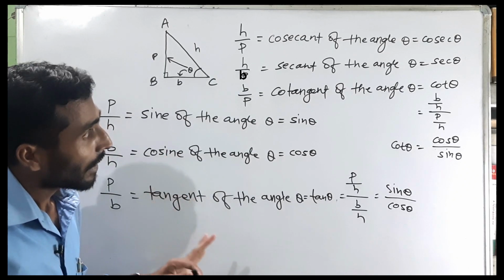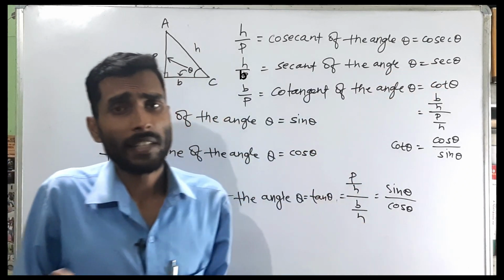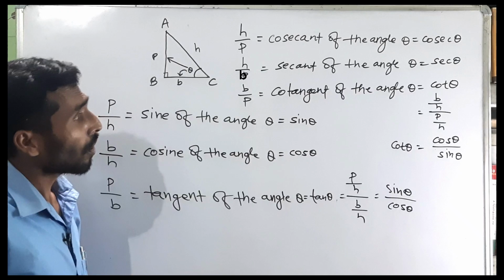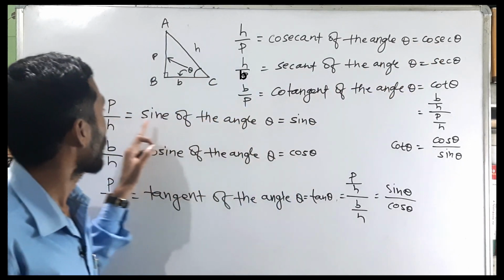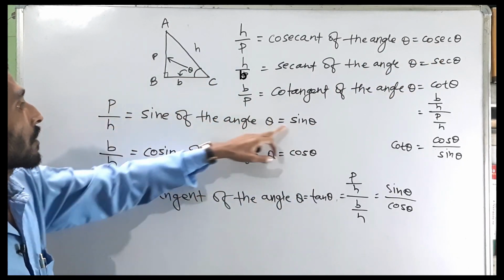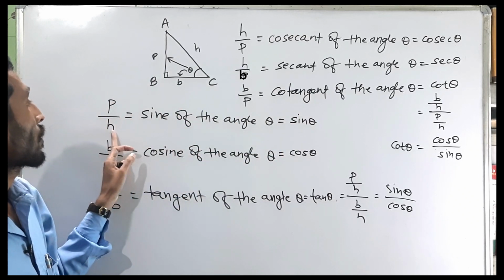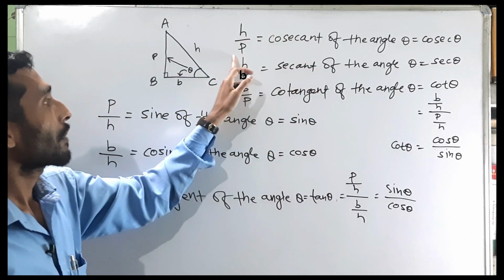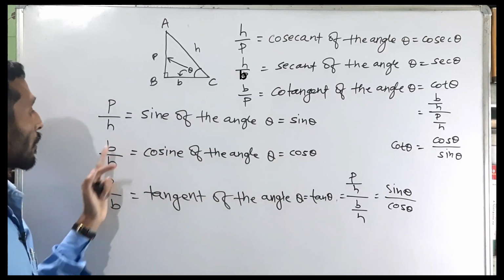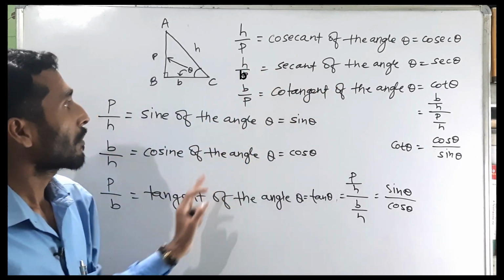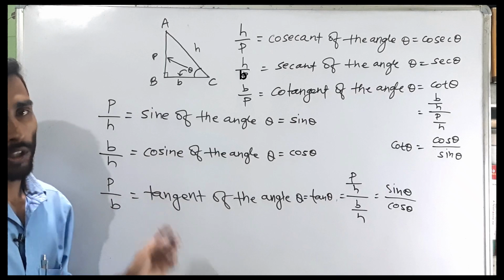Here cosec theta and sec theta are not basic trigonometric ratios. Why am I saying that? Because cosec theta is the reciprocal of sin theta. Sin theta is p by h and cosec theta is h by p. Cos theta is b by h and sec theta is h by b. So these are reciprocal to each other.